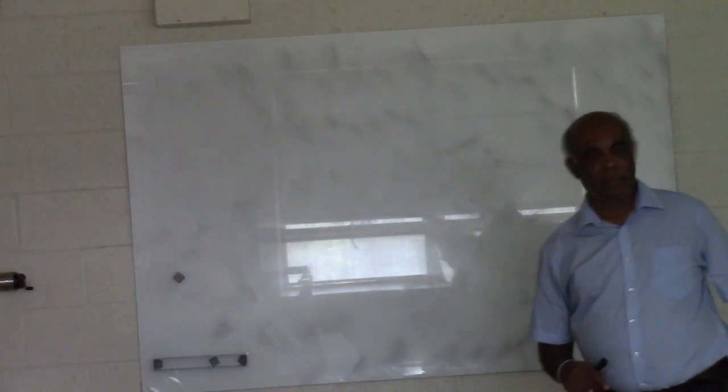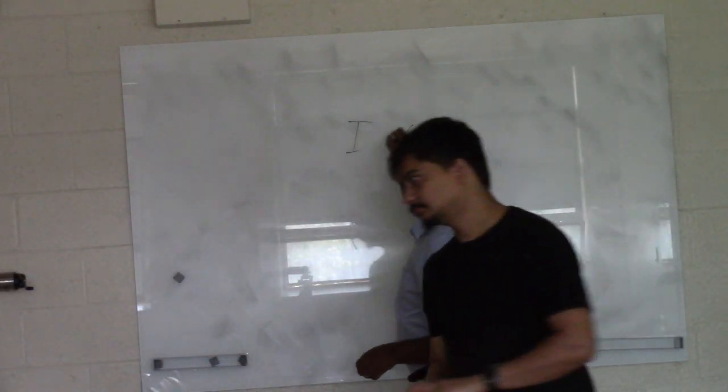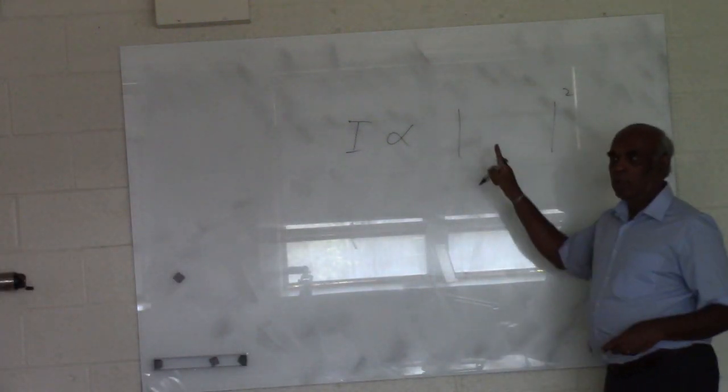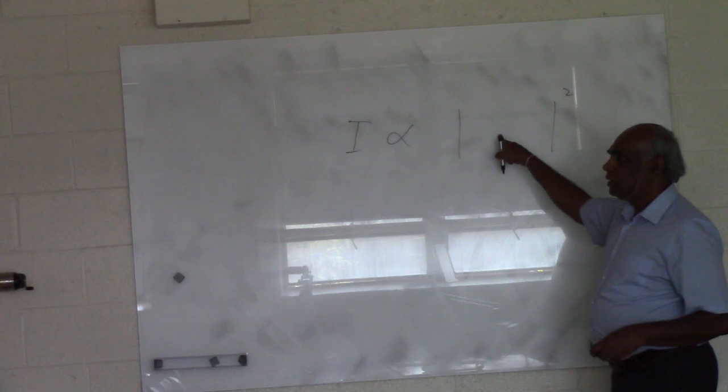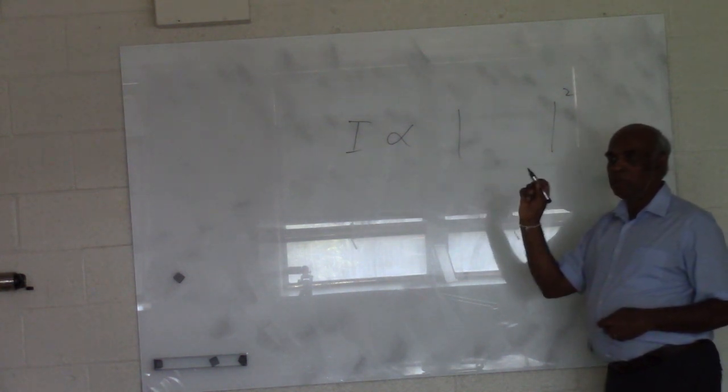Okay, then let's get started here. So, everyone remember, we talked about the intensity from scattered light of atoms, right? The important thing to start with is that intensity is proportional to the square of the Fourier transform of the charge density, right?